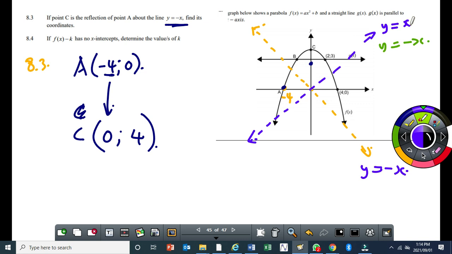The line y equal to x has a gradient of +1. So you should be able to sketch them and then answer questions based on reflection of points about those lines. I would just say it's basic knowledge in terms of how the line y equal to minus x looks like.